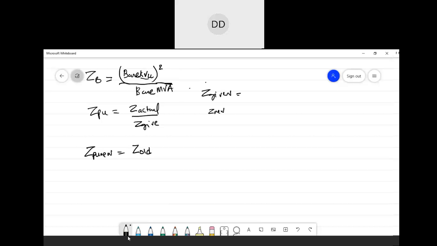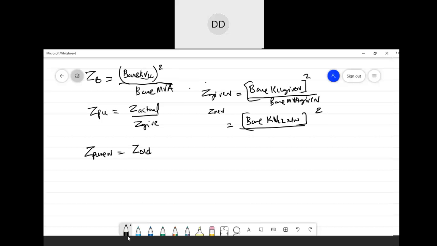Z given would be base KV LL given whole square divided by base MVA given, and Z new would be base KV LL new whole square divided by base MVA new.